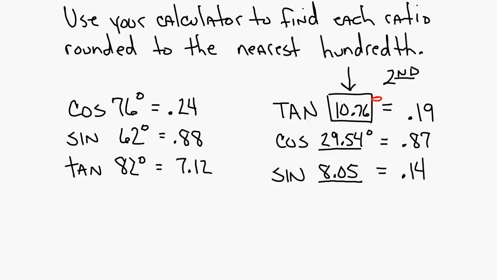When you're finding the ratio, then you just use the regular sine, cosine, tangent button. Depends on what you're trying to find. Okay? And when you're using the second sine, cosine, tangent, or sine, cosine, tangent to the negative first power, they're reciprocal functions.